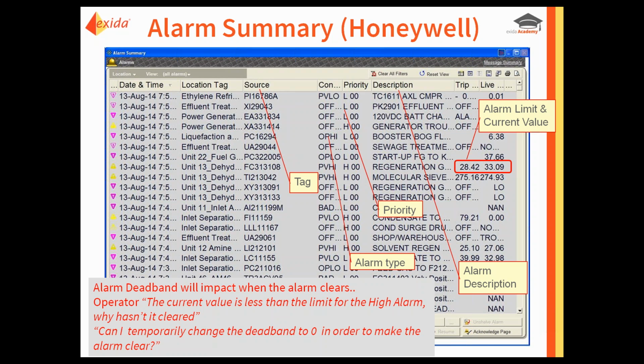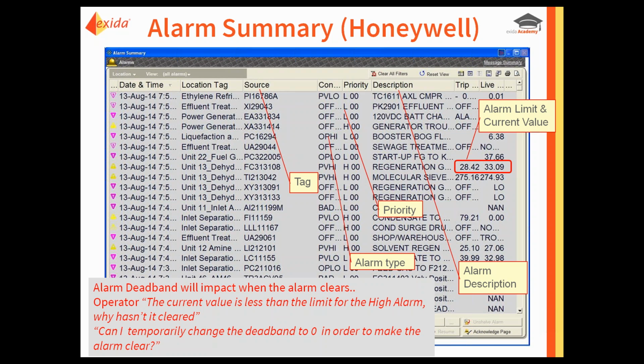I also found some operators recently that were telling me they change the deadband to 0 in cases like that to get rid of those alarms, because those alarms become stale alarms. As soon as the actual value goes below the limit, you'd like to potentially see that alarm clear. Depending upon where that deadband is set, that alarm could still remain on the board for quite a long time.